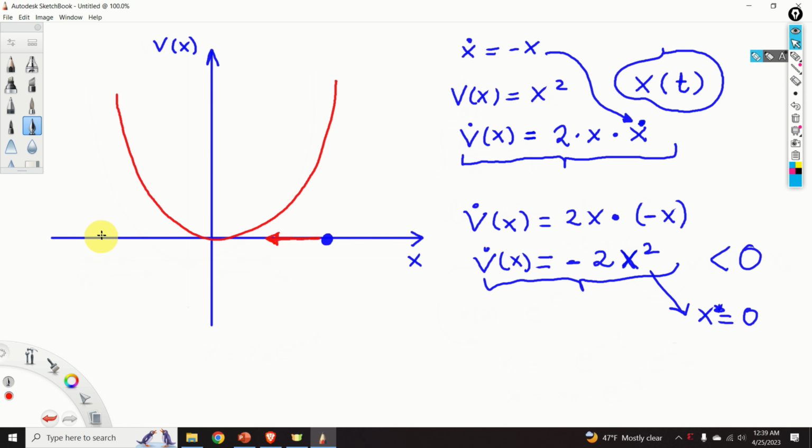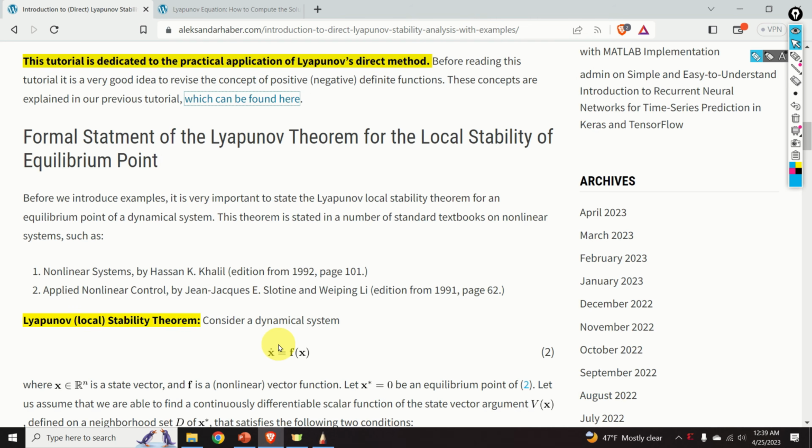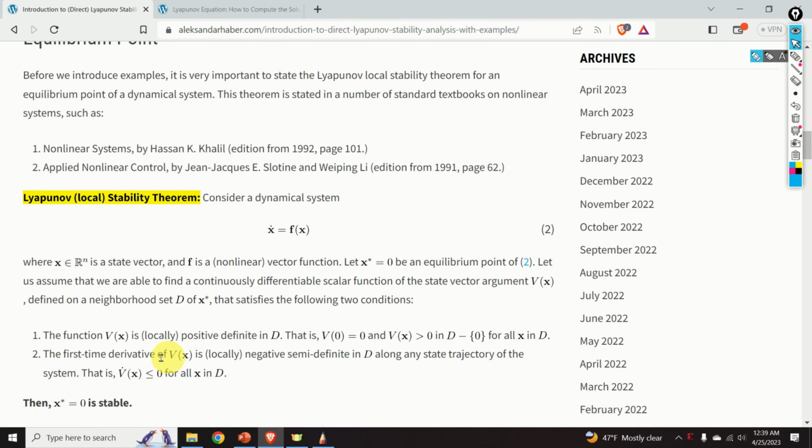On the other hand, if we start from this side, the state trajectories will again approach the equilibrium point. Let's go back to the Lyapunov stability theorem. The Lyapunov stability theorem states that the first time derivative of V of x is locally negative semi-definite or negative definite in D along any state trajectory.